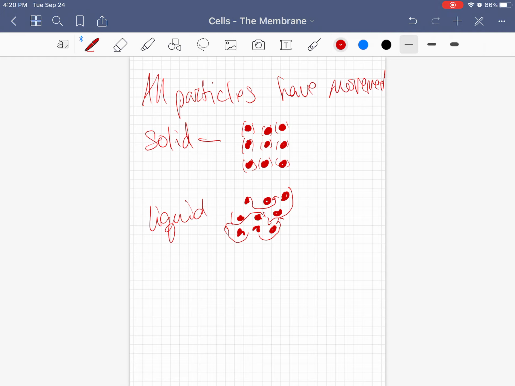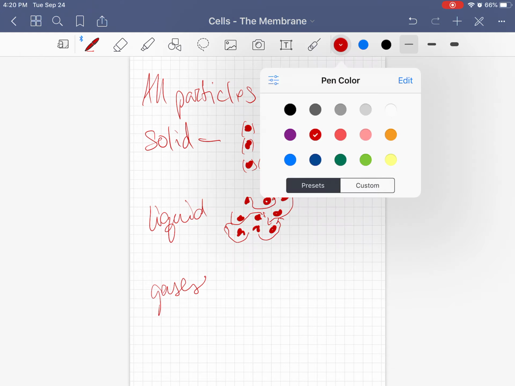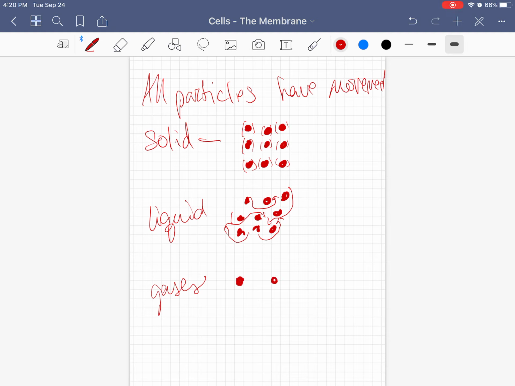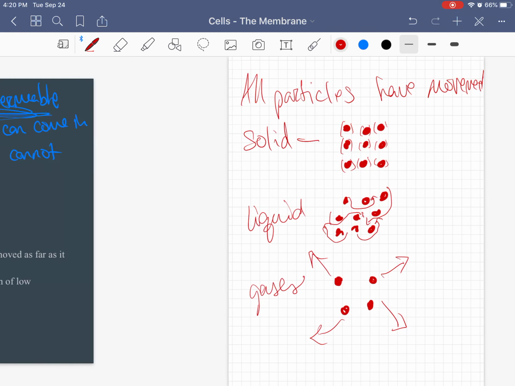This would be kind of like ballroom dancing, where the couple is moving around the ballroom, in and out of other couples, but they never really break free. And then we have gases, and the molecules in gases have so much energy that they can just shoot anywhere. They move all over the place, right? They fill the container that they're in, and that's the joy of helium balloons: the gas fills that container and it's lighter than air, so it goes up.